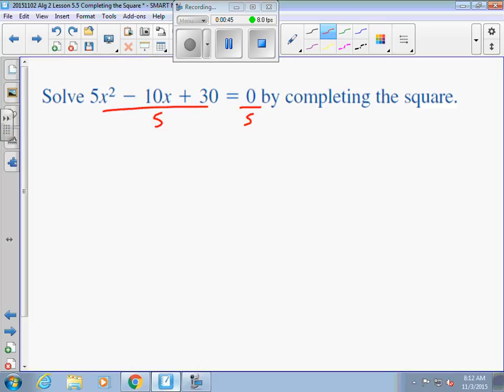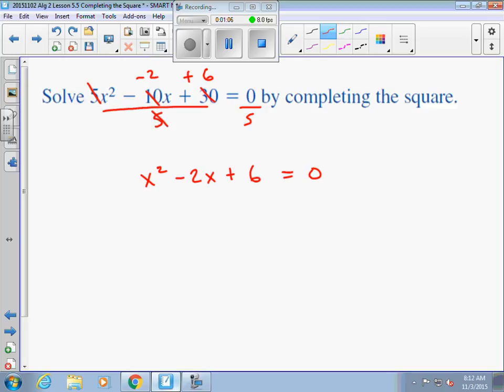If you divide this by 5, it cancels it out. If you divide this by 5, you get negative 2. And if you divide this by 5, you get plus 6. So all that cancels out, and 0 divided by anything is 0. So now you got something that says x squared minus 2x plus 6 is equal to 0.